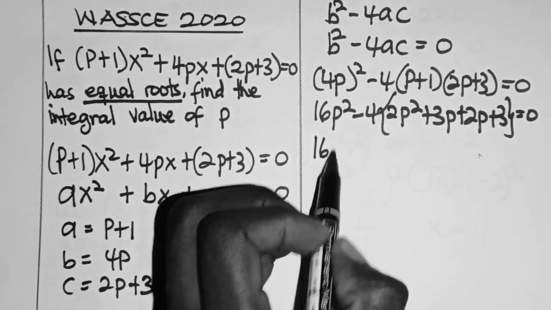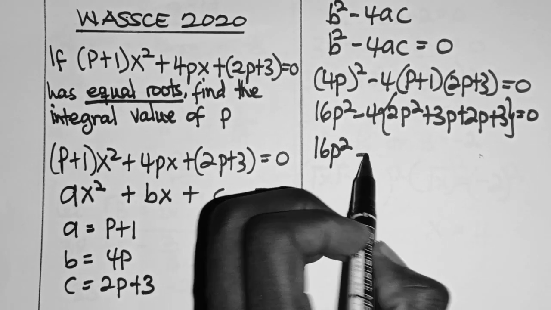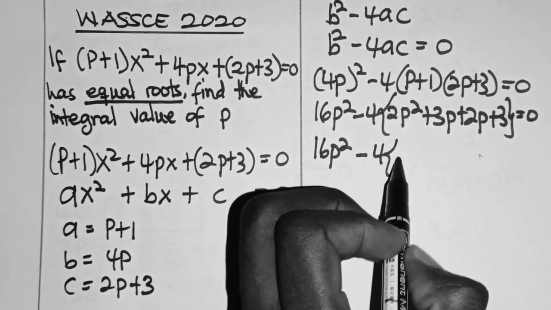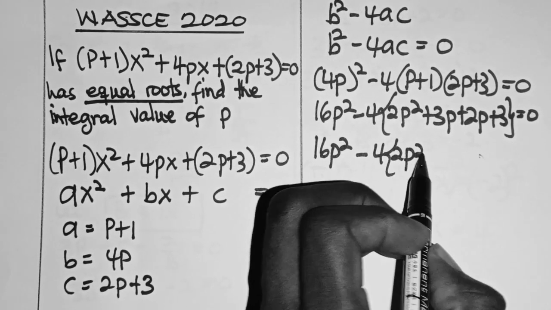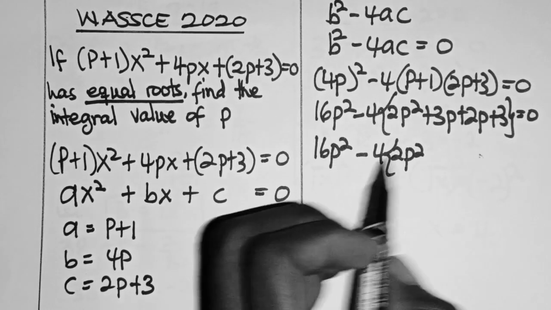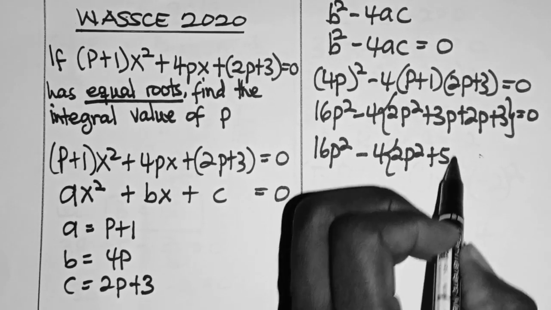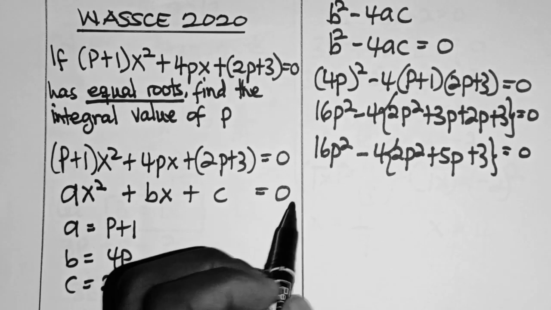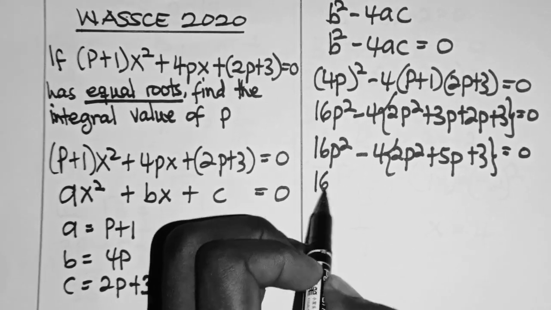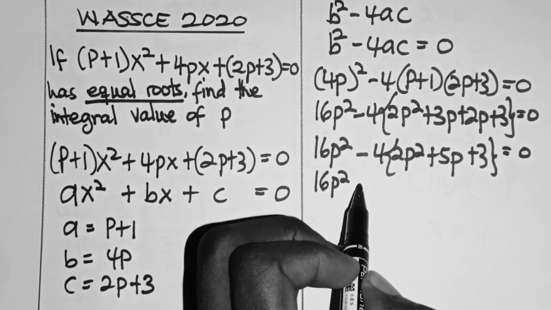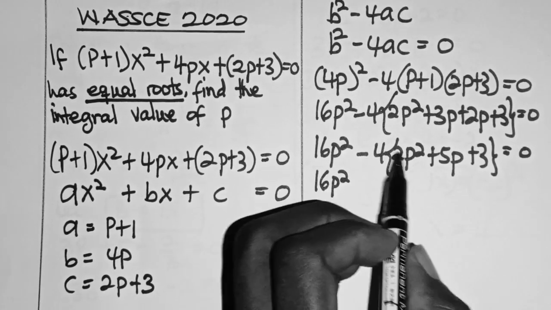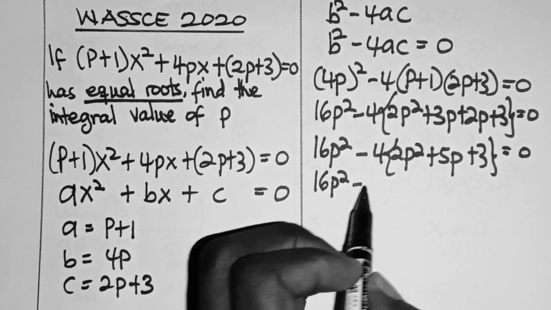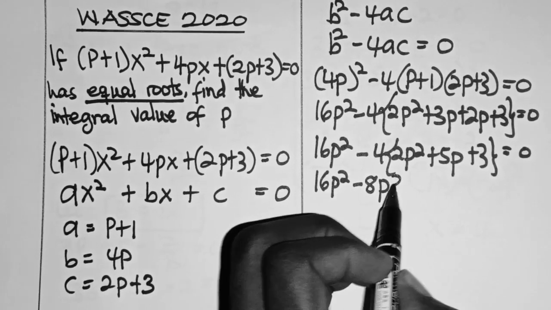So this becomes 16p squared, then minus 4 times 2p squared, then 3p plus 2p is plus 5p, then plus 3 equals 0. So this becomes 16p squared, then minus 4 times 2 is minus 8, so minus 8p squared.